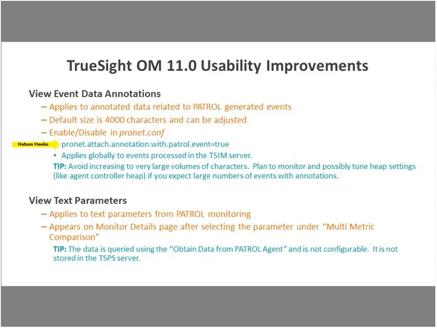You would set it to true to enable this capability. It applies globally to any events that fall into this category for that one TSOM server that you set this up on. I don't go into how you increase the number of characters here. That's just another setting, and that is well documented.